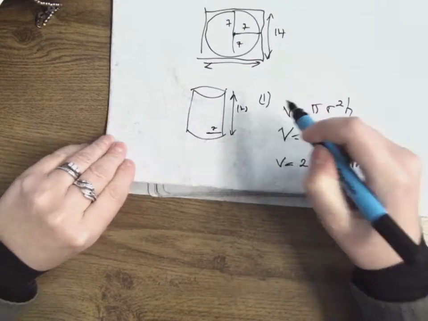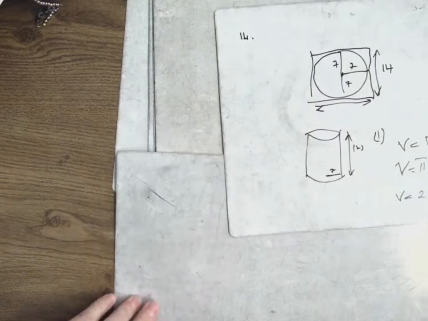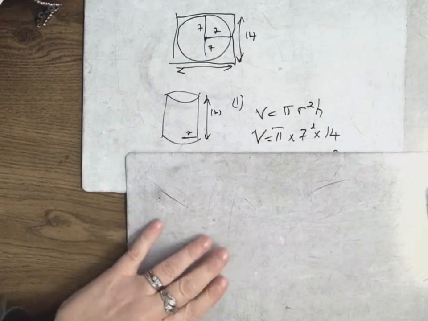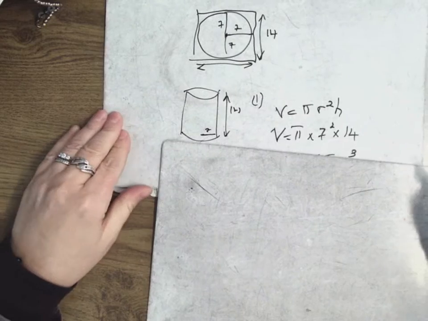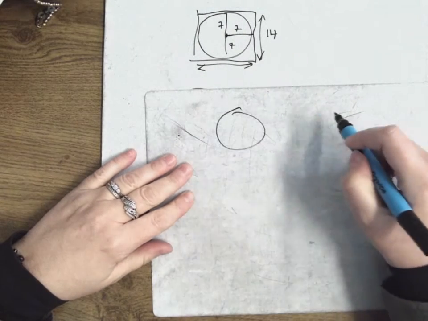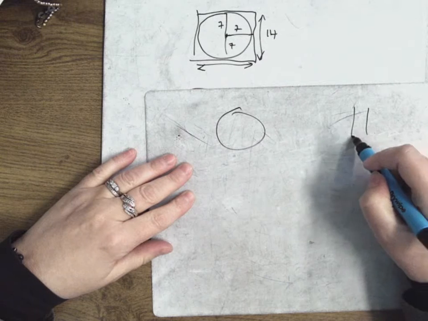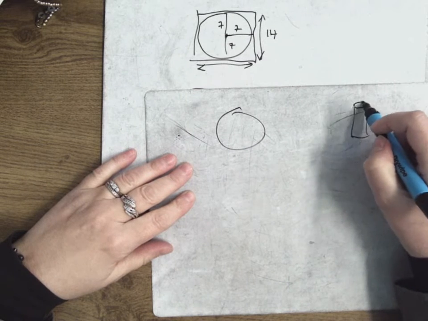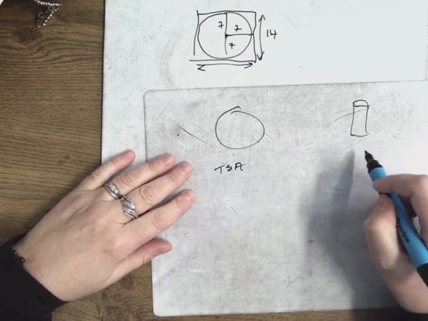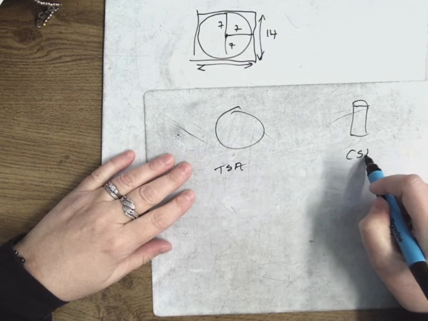Okay, so then part 2 says show that the total surface area of the sphere is equal to the curved surface area of the cylinder. So sphere, cylinder: over here you want the total surface area, over here you want the curved surface area.